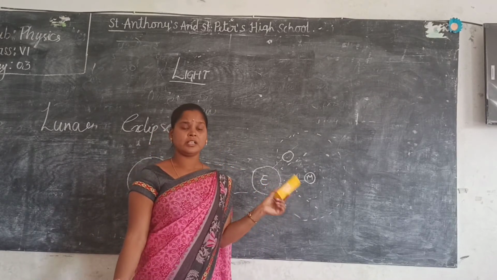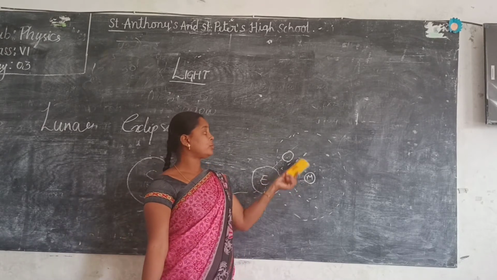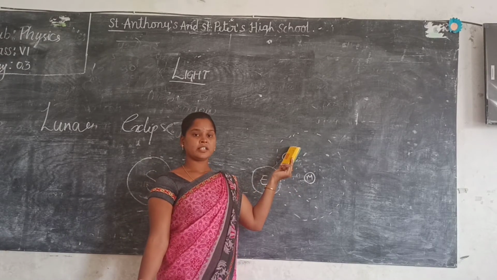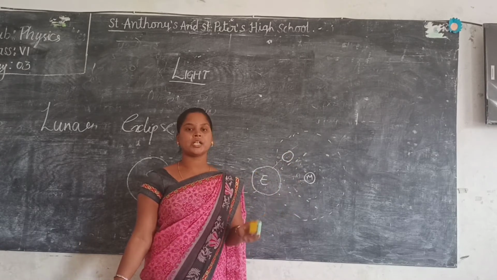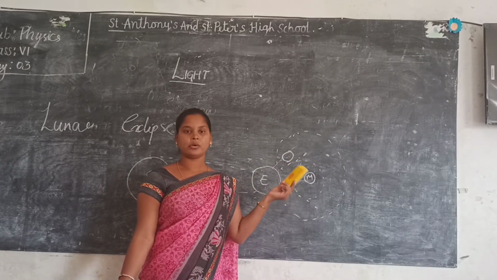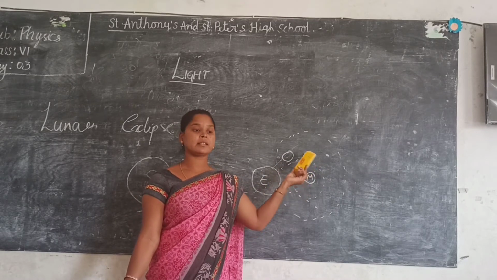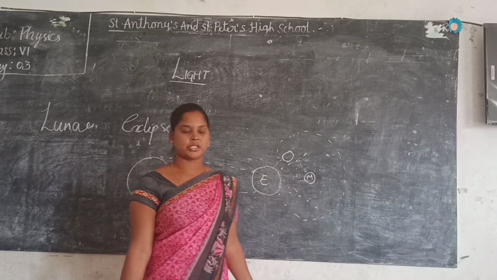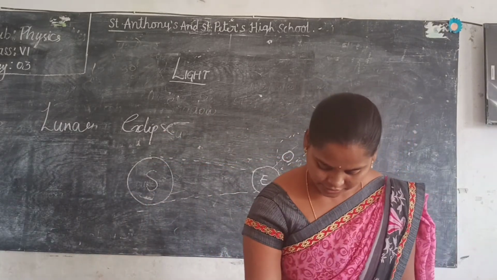Clear everyone? Yes, ma'am. Solar eclipse and lunar eclipse. But when the moon is in the penumbra region, we can see the moon, not completely, partially, half. A partial lunar eclipse is seen when it is in the penumbra region.